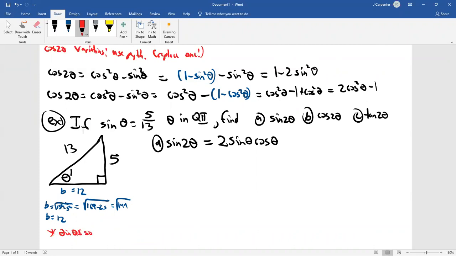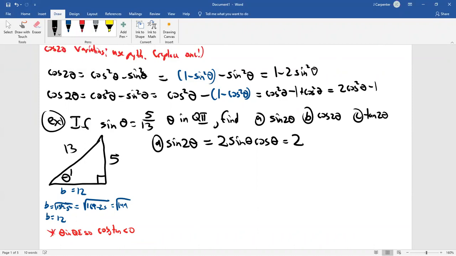So that means, based on our smart trig class, S, sine is positive, everything else is negative. So cosine and tangent are negative. You are going to lose a lot of points in your life if you don't write things like that down, or at least just have them permanently etched in your brain.